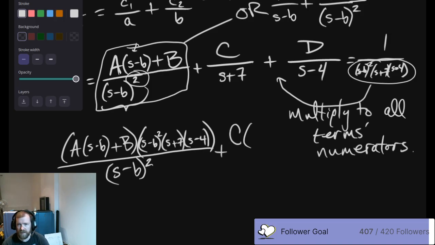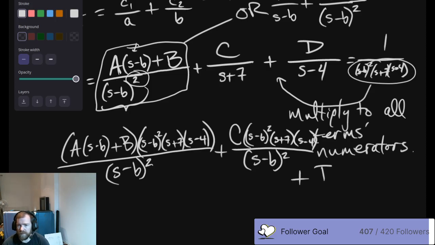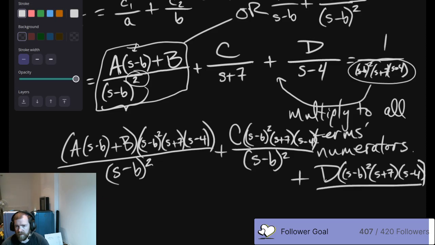Plus c times s minus b parentheses squared times s plus 7 times s minus 4, all over s minus b parentheses squared. Okay, plus d times the same. So s minus b squared times s plus 7 times s minus 4, all over parentheses s minus b squared.